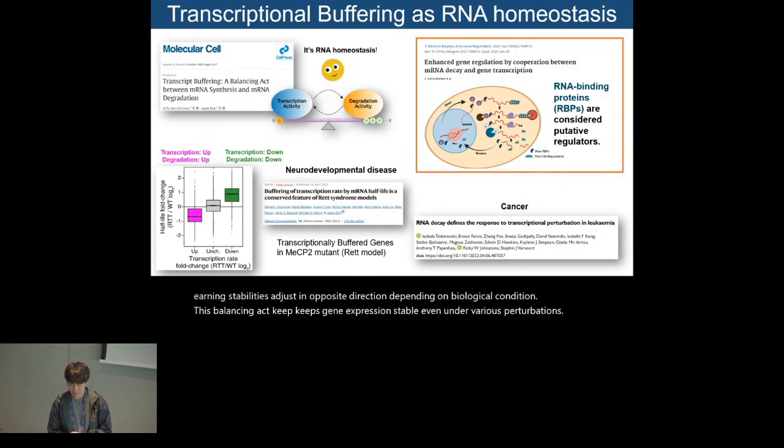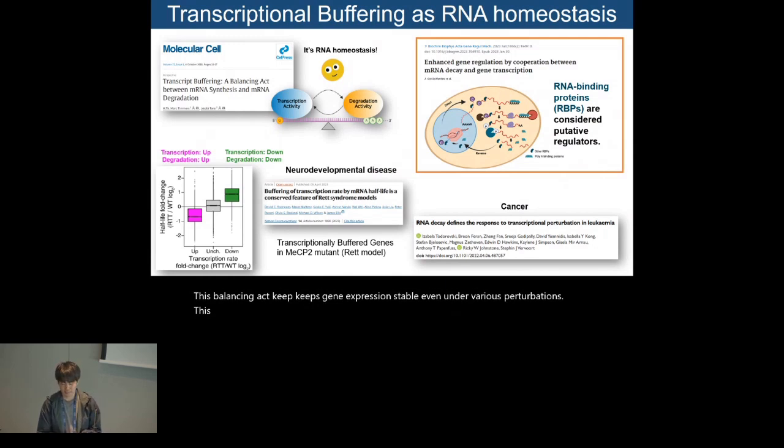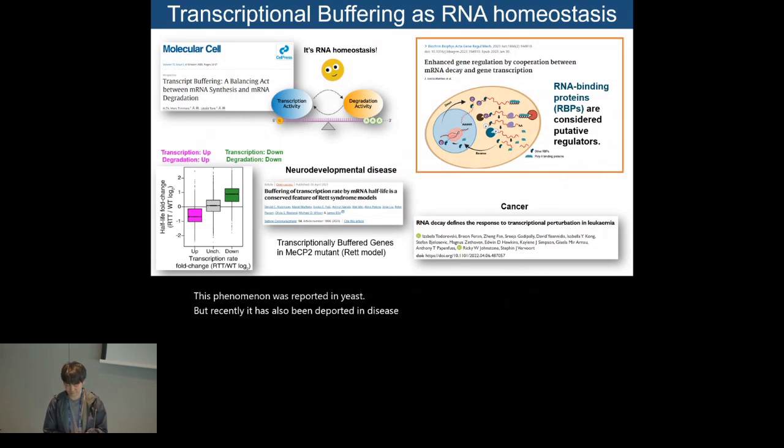This phenomenon was first reported in yeast, but recently it has also been reported in disease models, including cancer. And RNA binding proteins, or RBPs, are considered putative regulators for the buffering process.